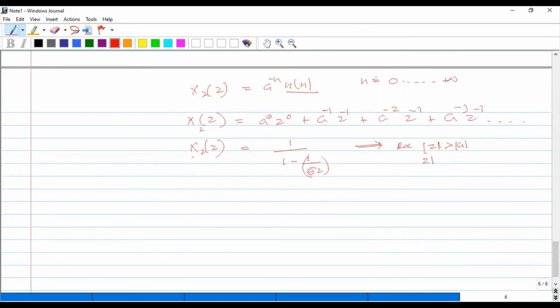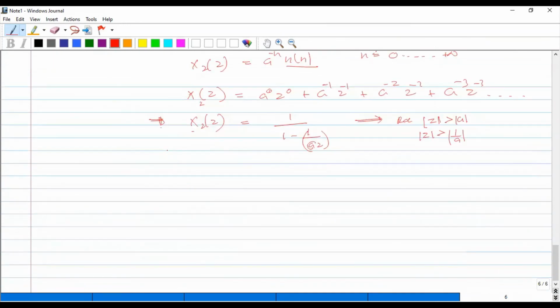The magnitude of z is greater than 1 by a. So I think this you can also do by yourself. I hope you get it.